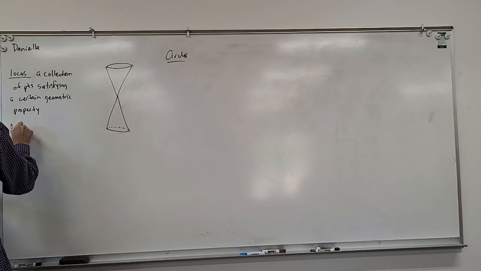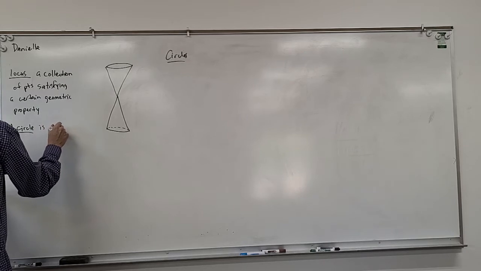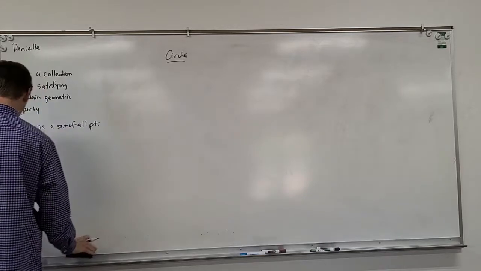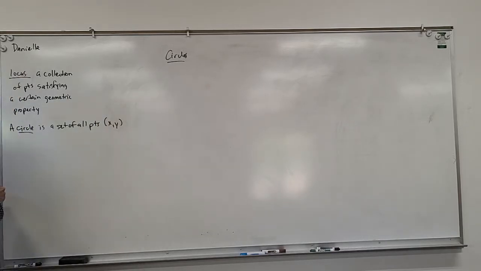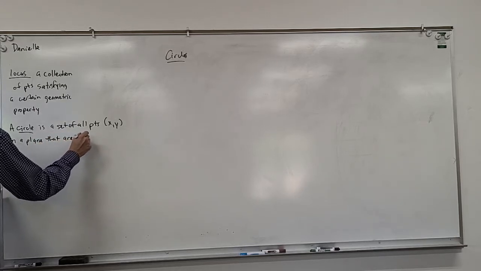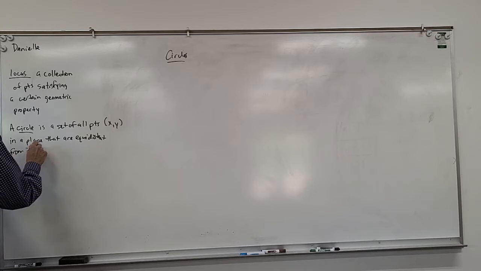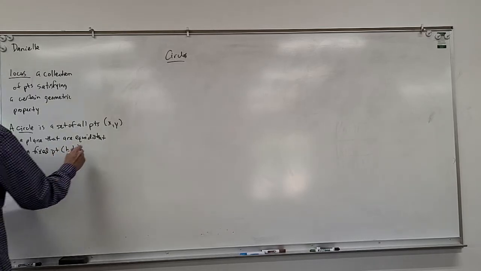When we write the definition that way, we say a circle is a set of all points x, y in a plane that are equidistant from a fixed point h, k called the center.